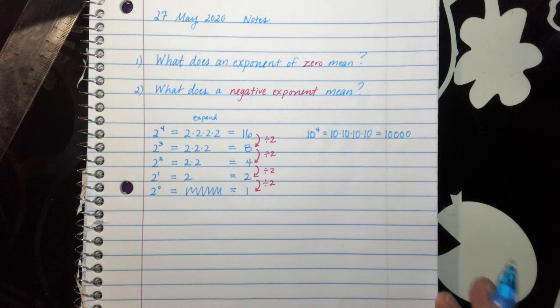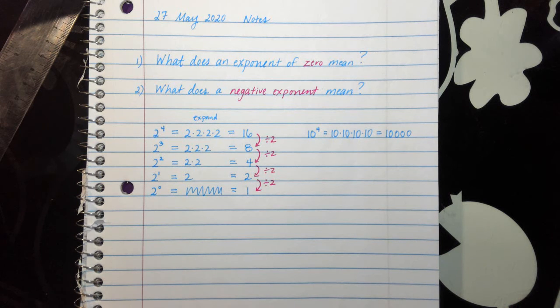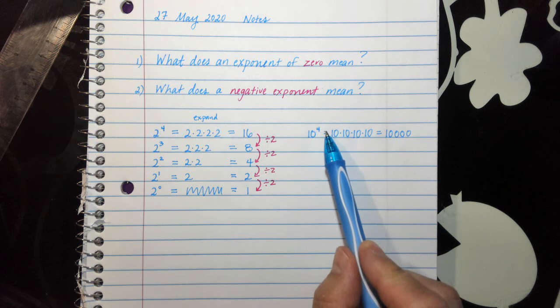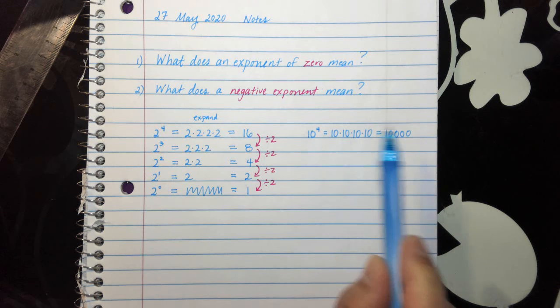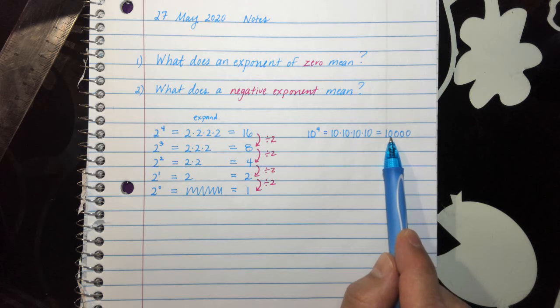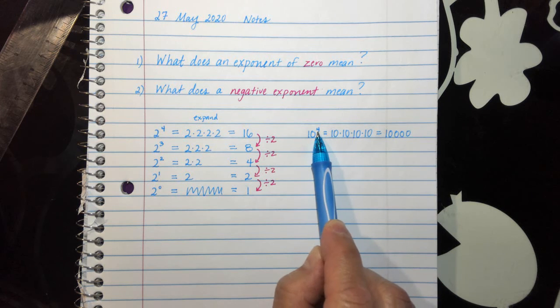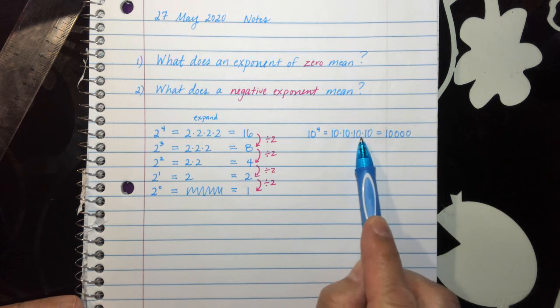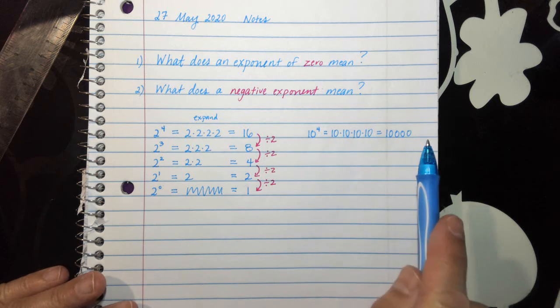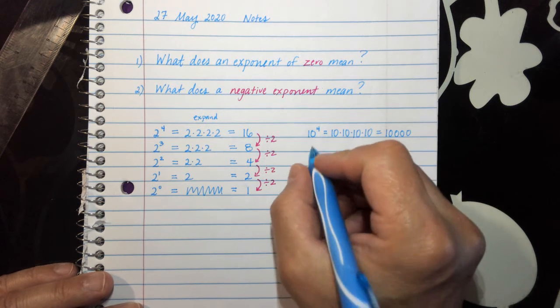Here's why it's real easy to work with tens as the base, and why the whole planet uses a base 10 number system, by the way. Whatever the exponent is always tells you how many zeros there are. 1, 2, 3, 4. 4 zeros, etc.